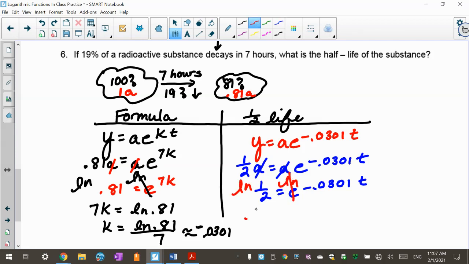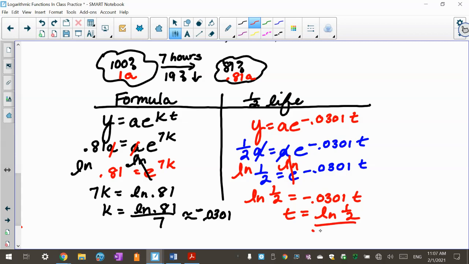So the natural log of a half equals negative 0.0301t. And I'm going to divide by that. So t equals the natural log of 1/2 over negative 0.0301. And when I put that in my calculator, I'm going to get something close to 22.9 or 23 hours. And that's how long it takes for half to go away, even though I never knew what I started with.